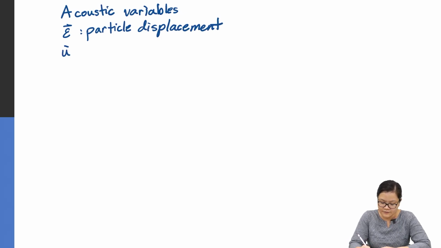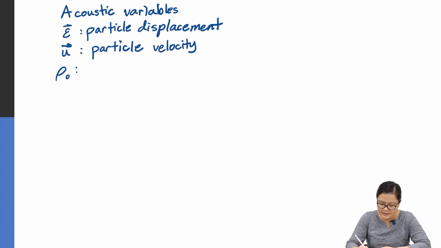Then we have particle velocity. Again, that's also a vector, denoted by u. We have our equilibrium density, that's denoted by rho naught.